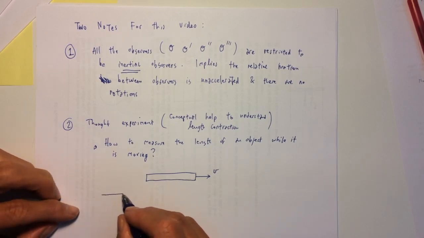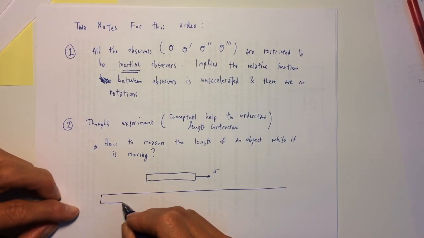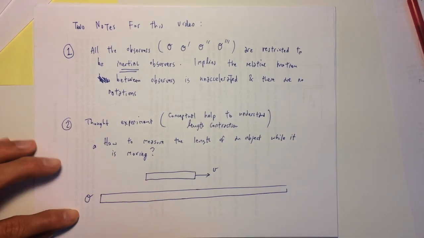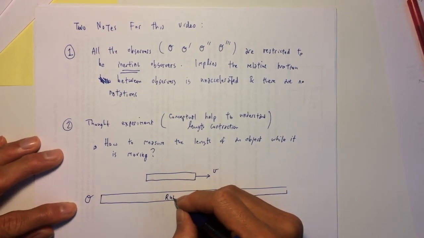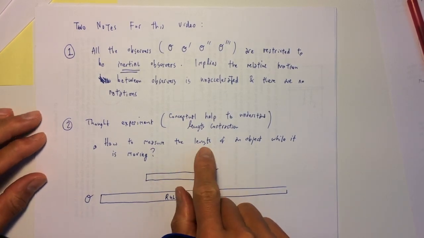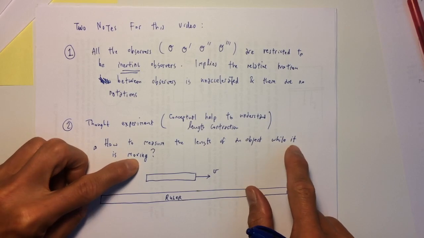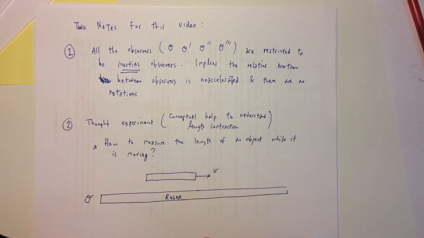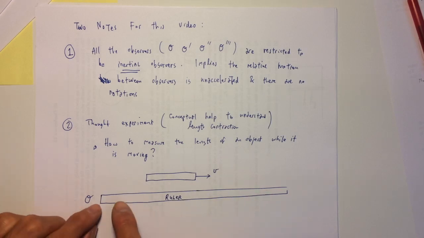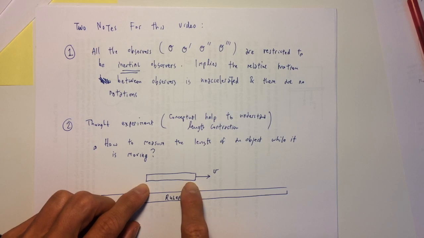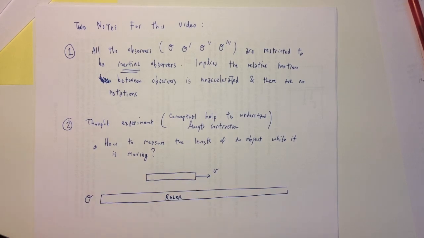And here is the observer O, and this is the observer's ruler, right? So how are you going to measure the length of this object while it's moving? You're not allowed to reach out and grab it and make it stop for a second. It is moving, and you need to figure out how to use your ruler to measure the length of it while it's moving. You're trying to be a benign measurement device.